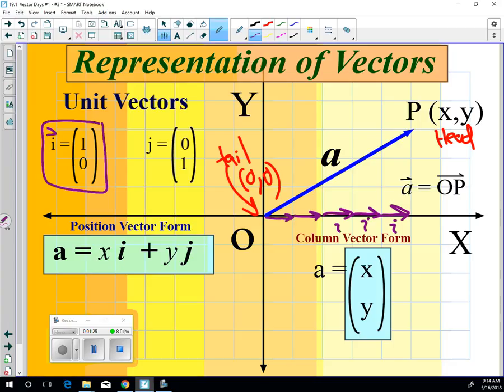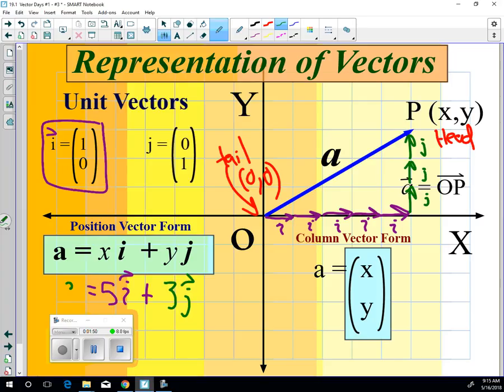How many i's do you see for this one? 5 of them. So we would say there are 5 of the i vectors plus j vectors, which go up in the vertical. 1, 2, 3 of the j's. And so that's going to be 3j.